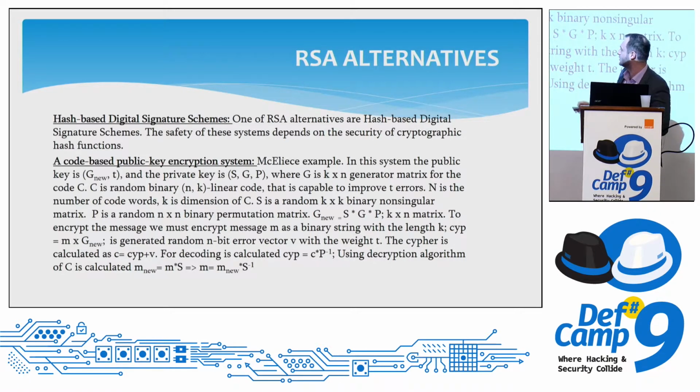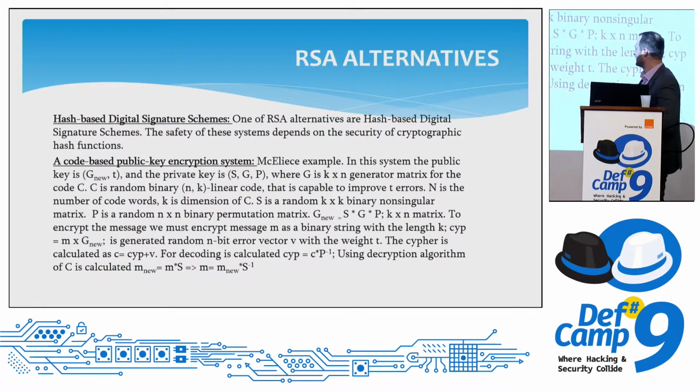S is a random non-singular matrix. P is a permutation matrix. And to get G_pub, we just multiply all these matrices.